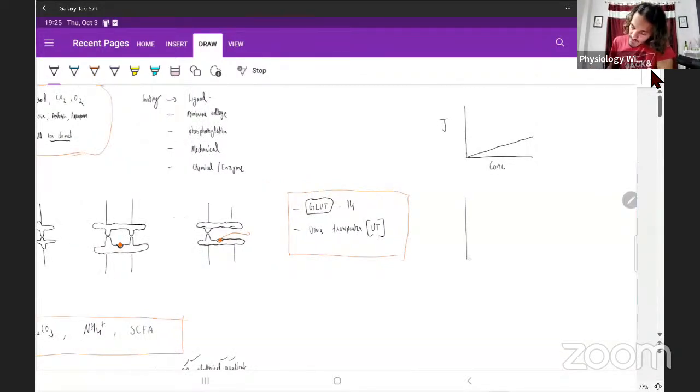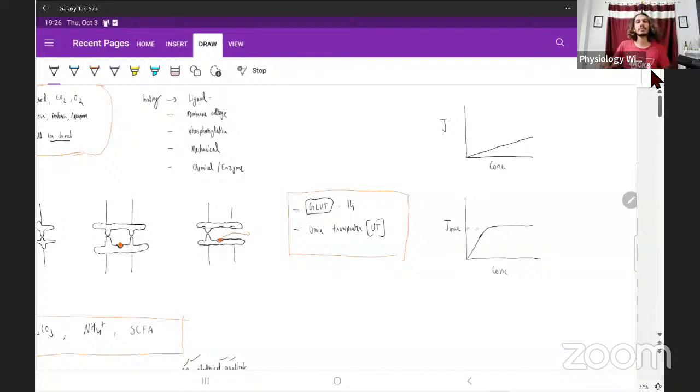But when we look at the facilitated diffusion, when the concentration increases, then it's actually a little more faster. So you can see it, going higher, but at some point it goes like this. Does not stop, but it goes to a maximum J max.